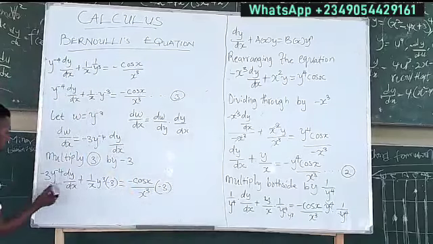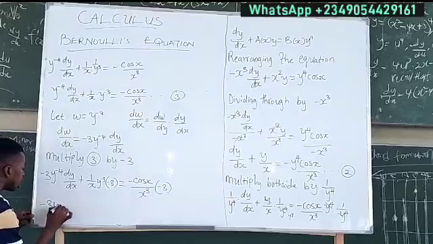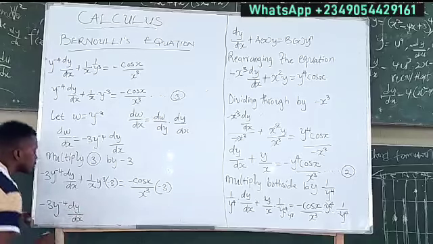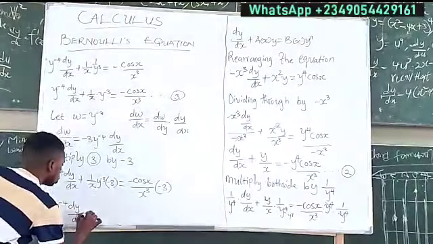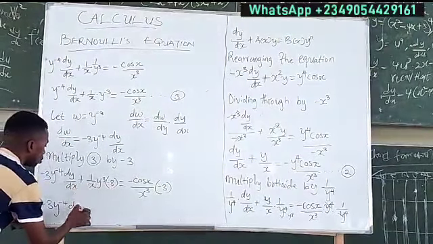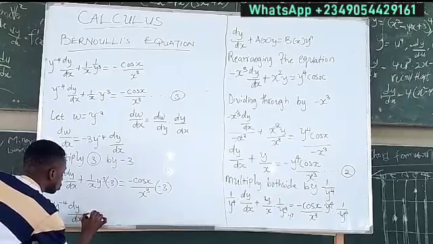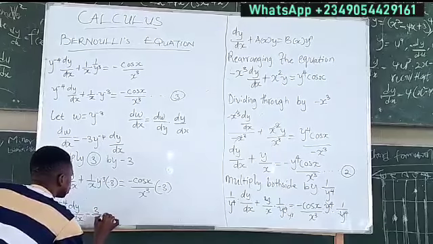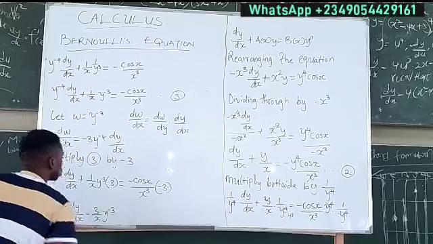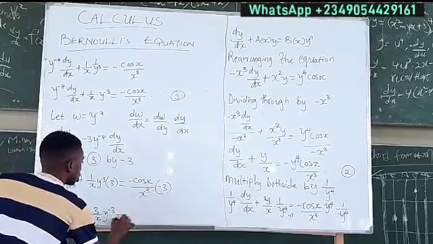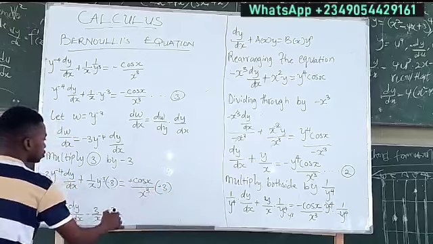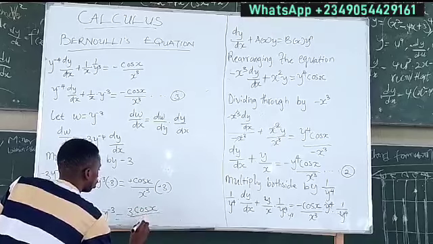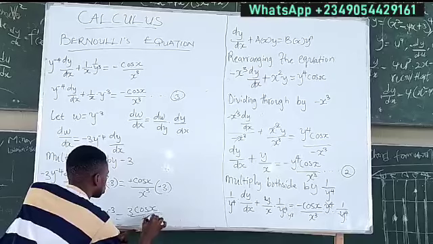From this part, this one becomes minus 3y raised to power minus 4 dy all over dx. Then the negative multiplied by the positive becomes minus 3 all over x y raised to power minus 3. Then negative cancels negative, so here becomes 3 cos x all over x raised to power 3.